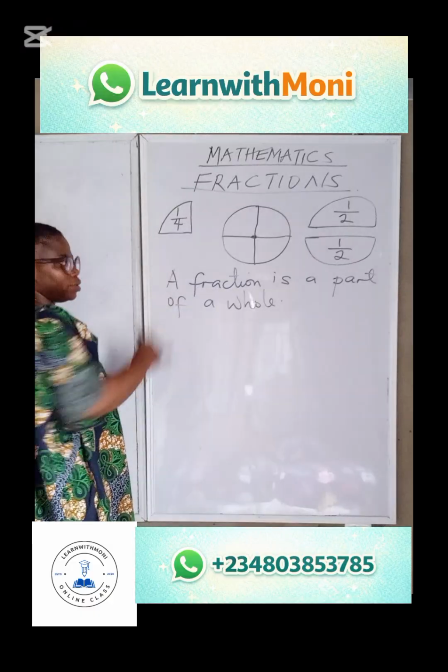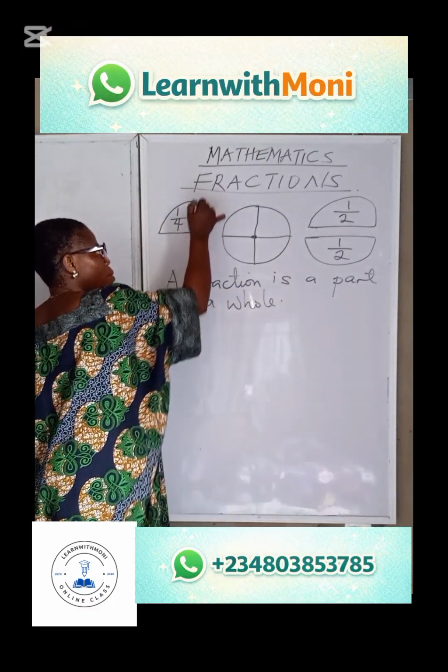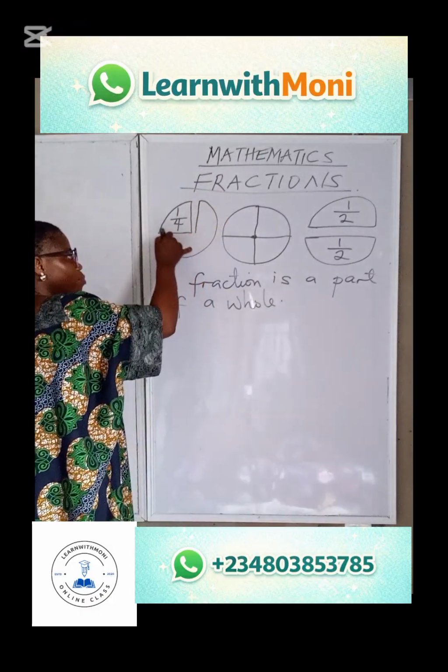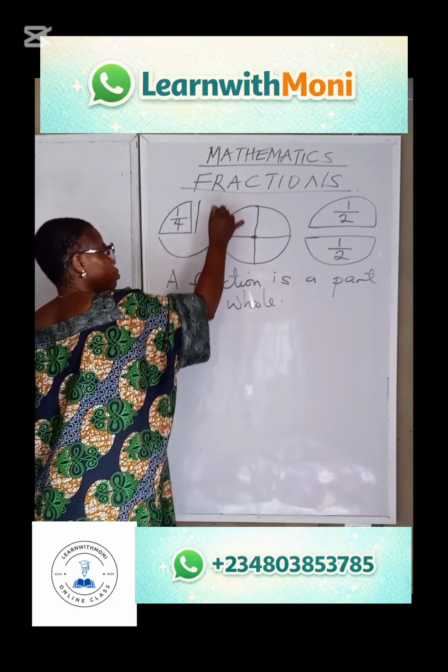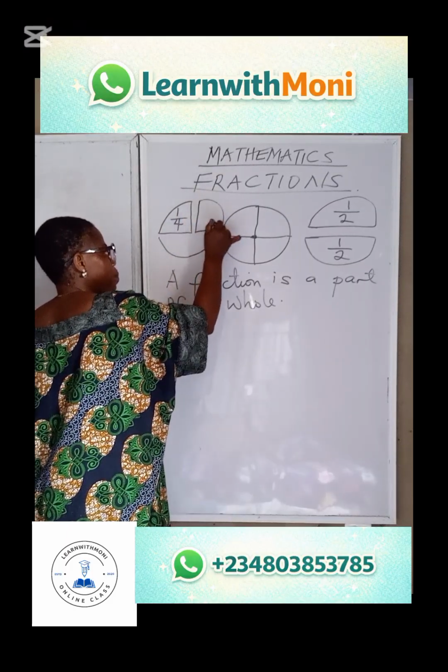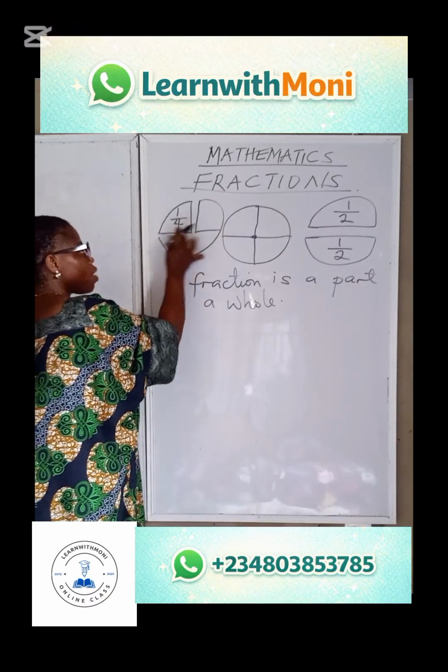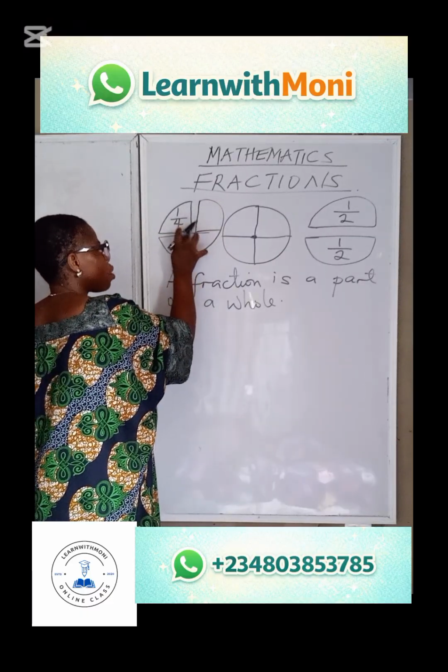This is a fraction. After removing that one part out of a whole, I'm going to be left with this other part of the whole. This remaining part is consisting of three parts out of the whole.